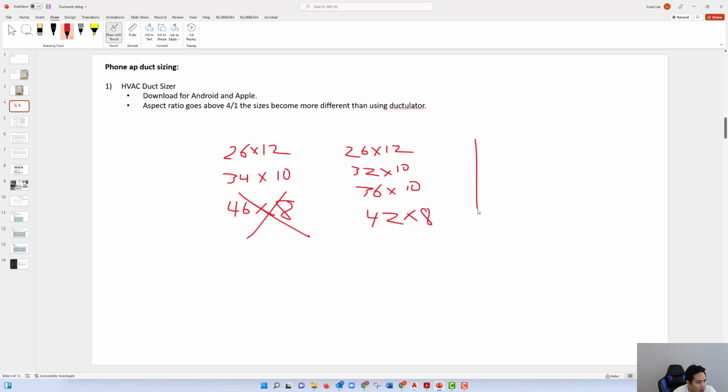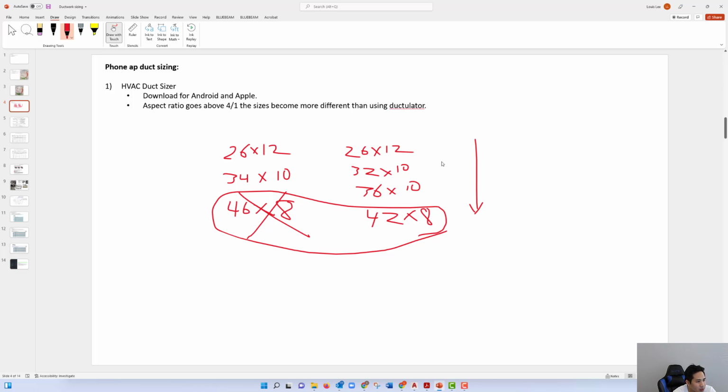So the aspect ratio was increasing in this direction here. And as you notice, as it increases above 4, which is this one here, the difference in size was 4 inches. So here it was 46 and here it's 42. So that was a big difference here.